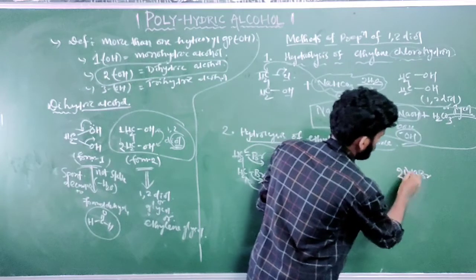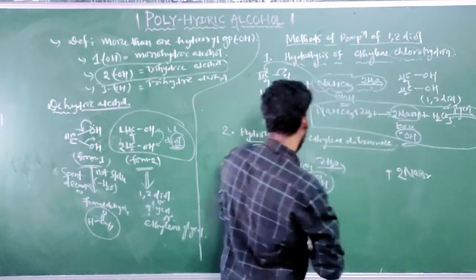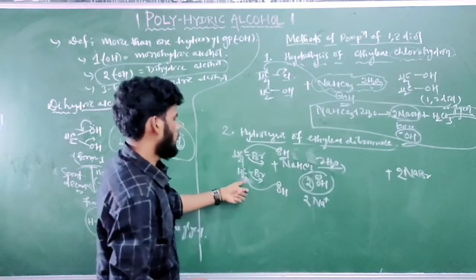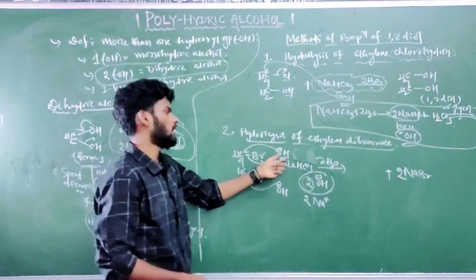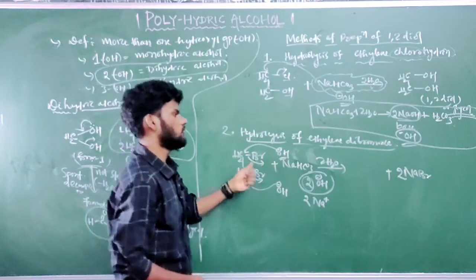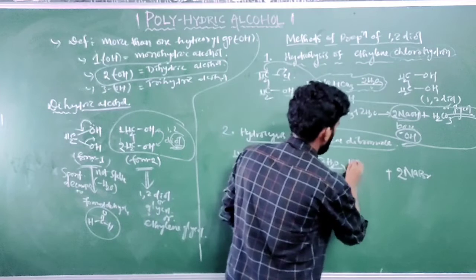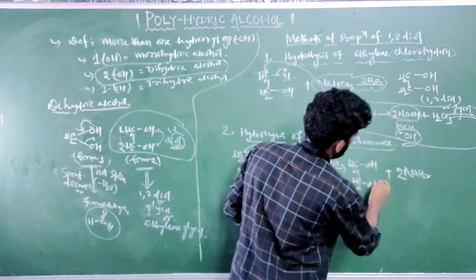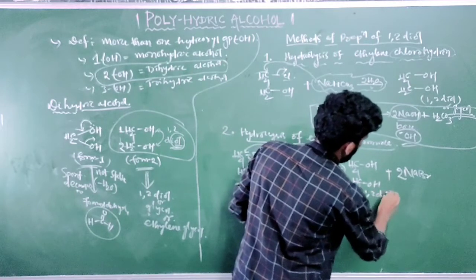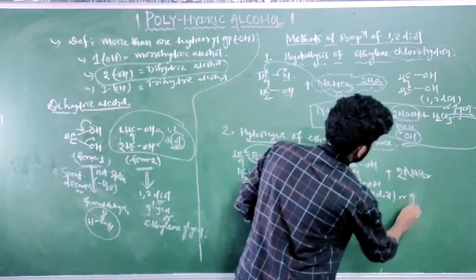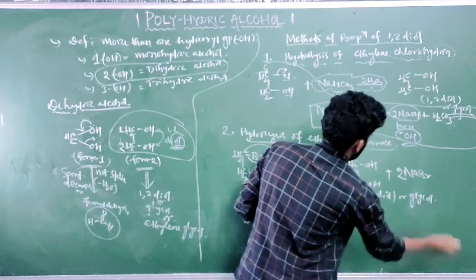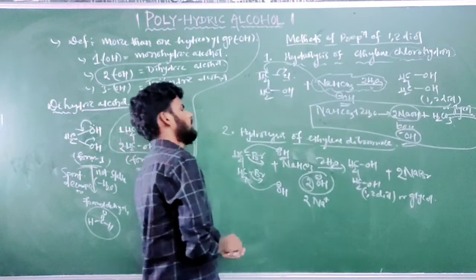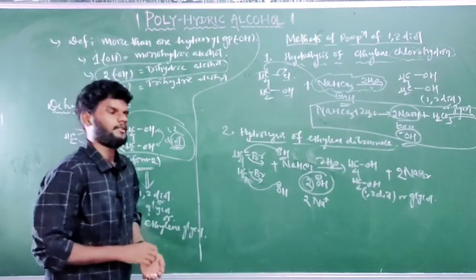So in total 2 moles of NaBr form as a byproduct, and one OH group is attached to each CH2 group. So what is the product? CH2OH, CH2OH. This is 1,2-diol or glycol. This is the second method of preparation of ethylene glycol.